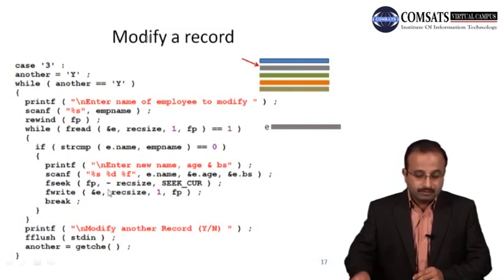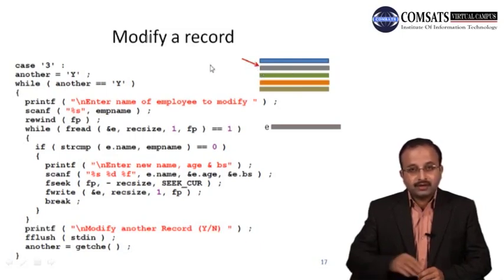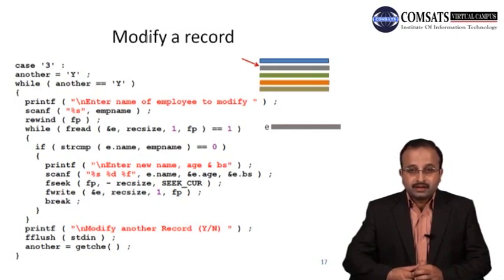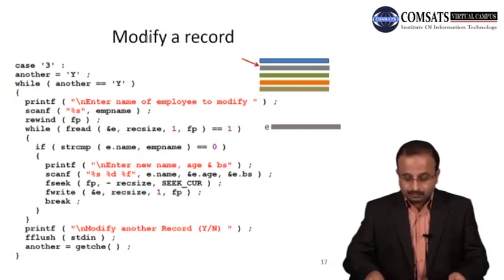Why backward? Because of this minus sign. So it moves the cursor minus rect size backward, and now the file pointer points to the beginning of the second record, and then you can use fwrite to write whatever new value was input by the user in structure E into the file.